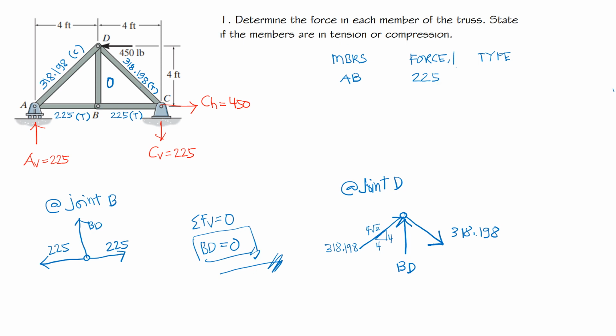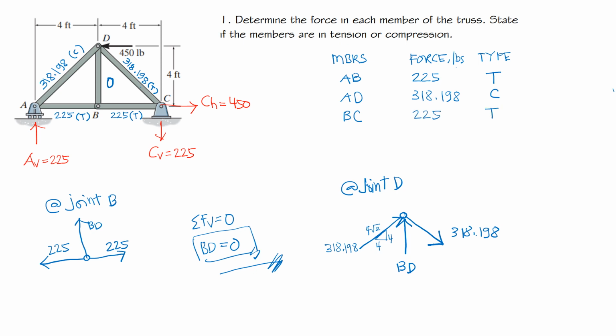This is in pounds. So that is tension. Next, member AD, that's 318.198. That is compression. Member BC, that's 225.